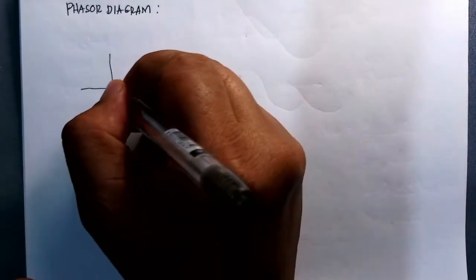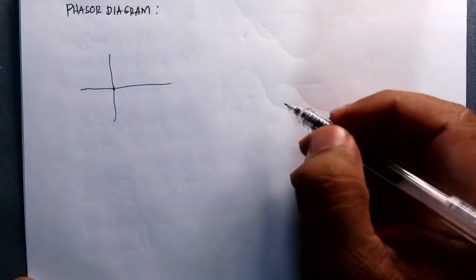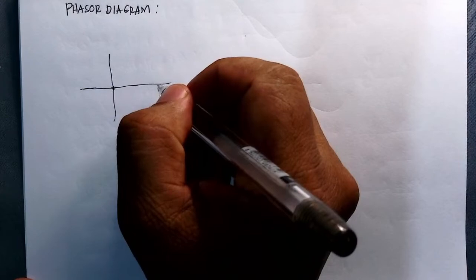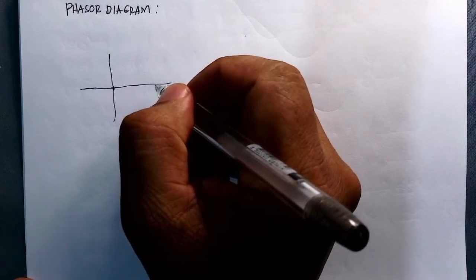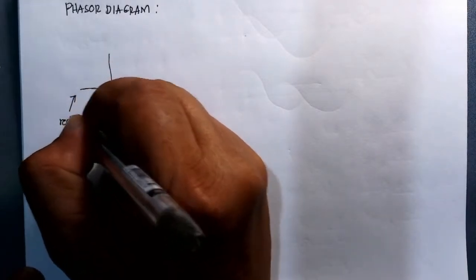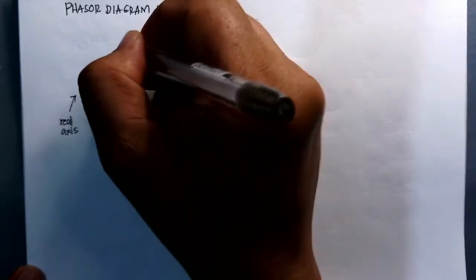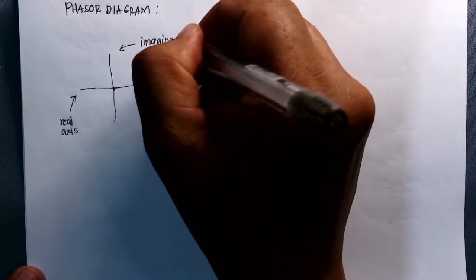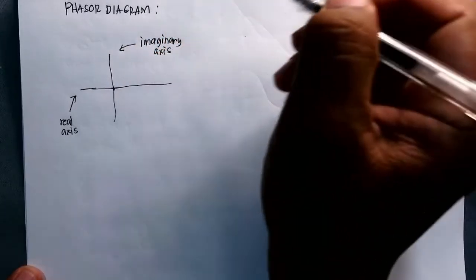These quantities are represented by directed line segments, which are drawn from the origin. For example, here is my x and y plane. The x axis is referred to as the real axis, and the y axis is the imaginary axis.